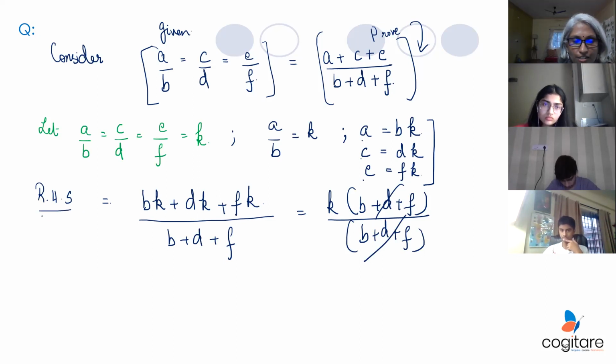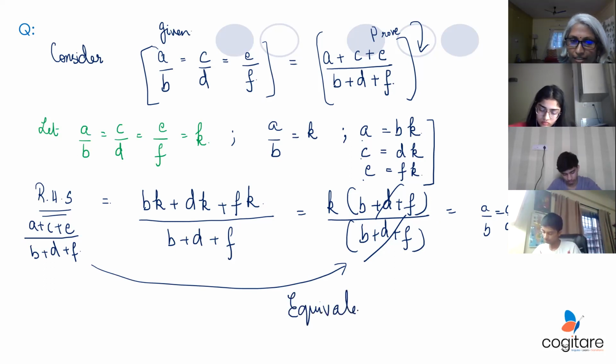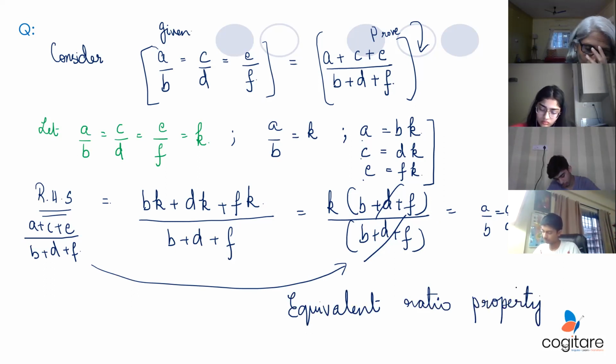You started with RHS, which is (A plus C plus E) upon (B plus D plus F), and you ended back with K. And K, you know, is either A by B or C by D or E by F. This property, guys, is called equivalent ratio property. This is the, I forgot the number, invertendo, alternando, componendo, dividendo, sixth one. This is the sixth theorem.